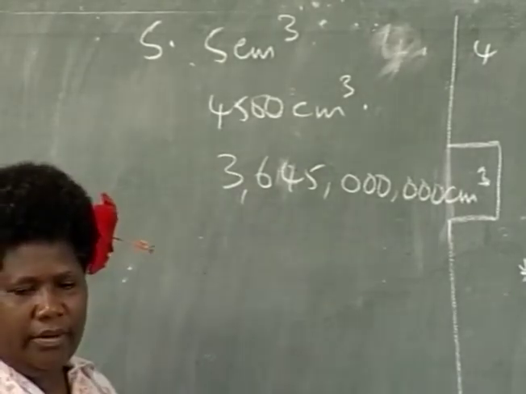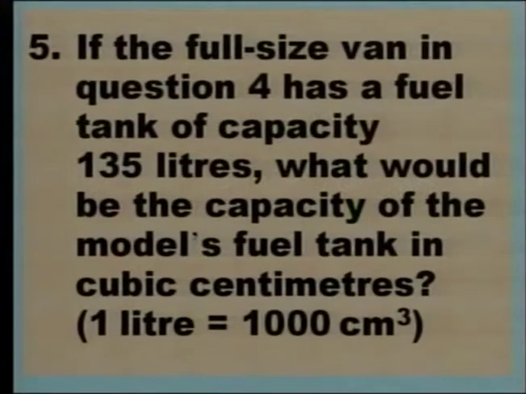All right, the full-size van in question 4 has a fuel tank of capacity 135 liters. What would be the capacity of the model's fuel tank in cubic centimeters? Cubic centimeters is a measure of volume, the amount of space in the fuel tank.